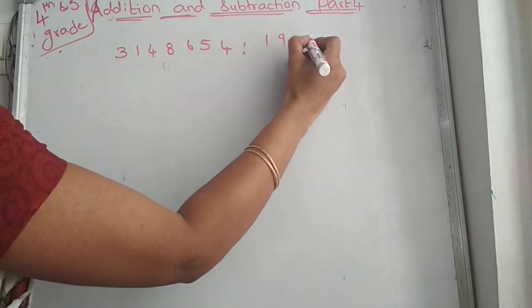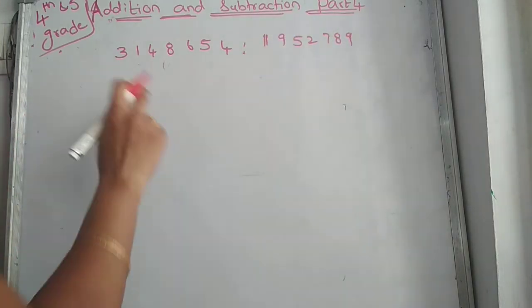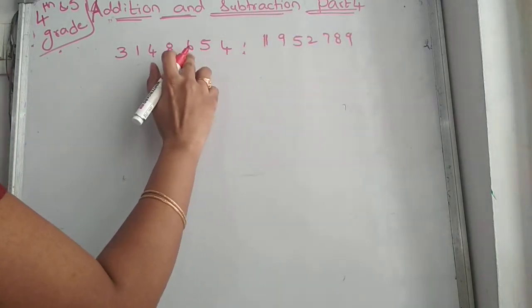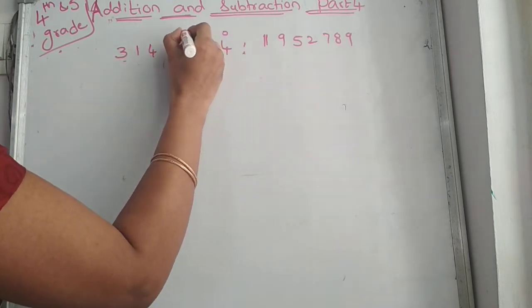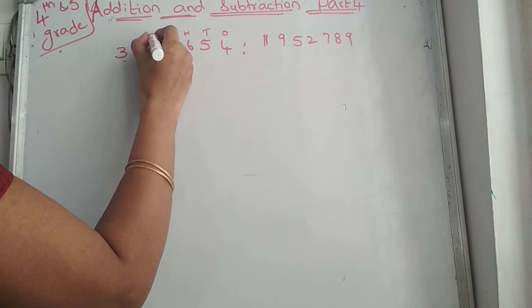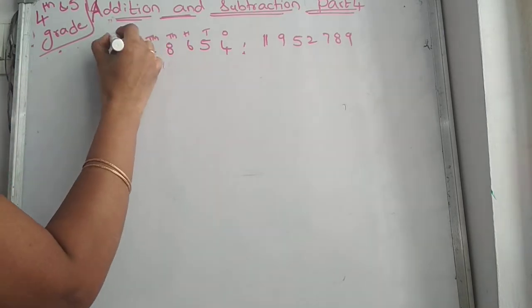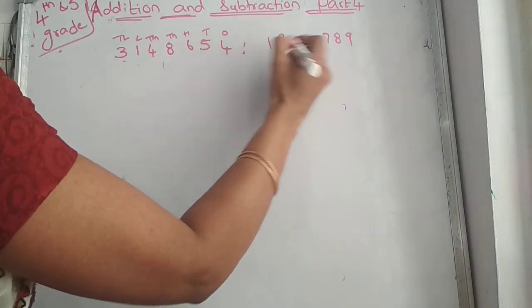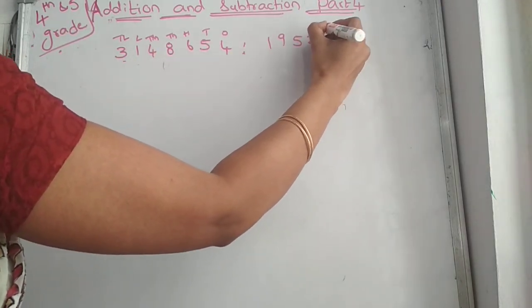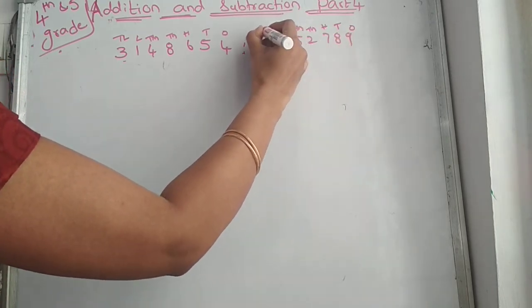And 1, 9, 5, 2, 7, 8, 9. In this, which one is the big number? 1, 2, 3, 4, 5, 6, 7. Ones, tens, hundreds, thousands, 10,000, lakh, 10 lakh.